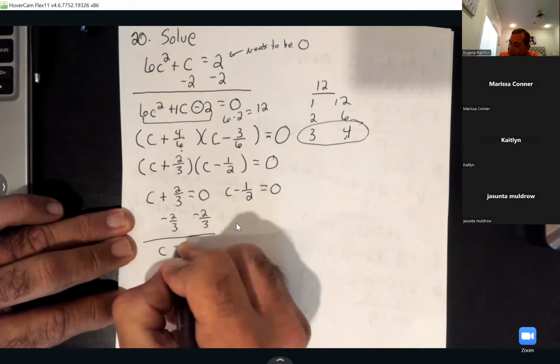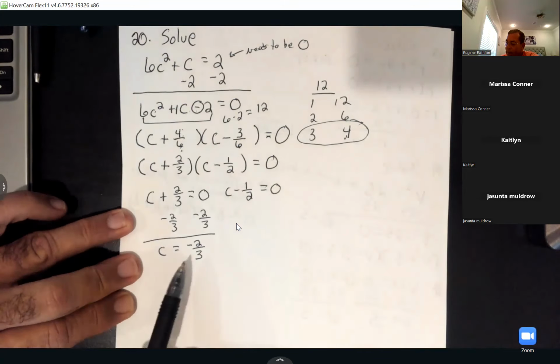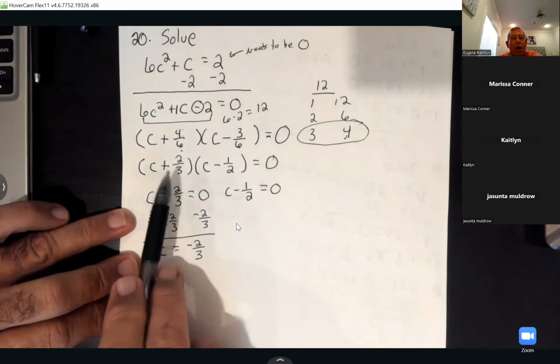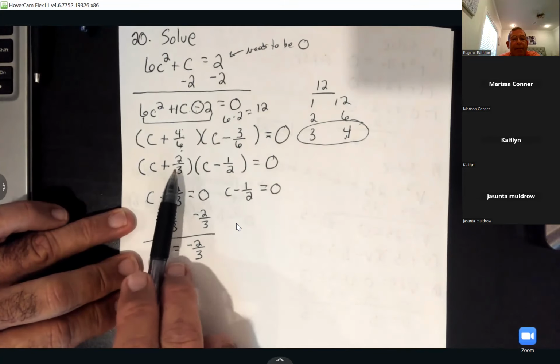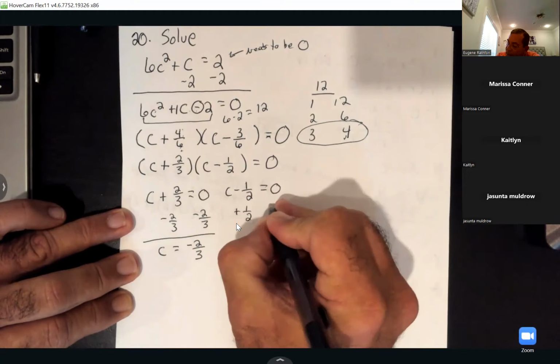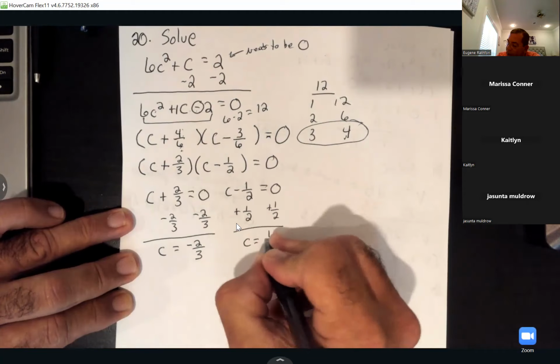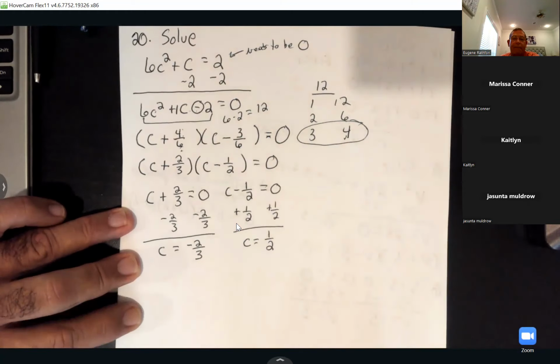And I'm going to get c equals negative 2/3. So remember, the solutions are always opposite in sign than your factors. And then over here, I'm going to add 1/2 to both sides. And I get c equals positive 1/2.